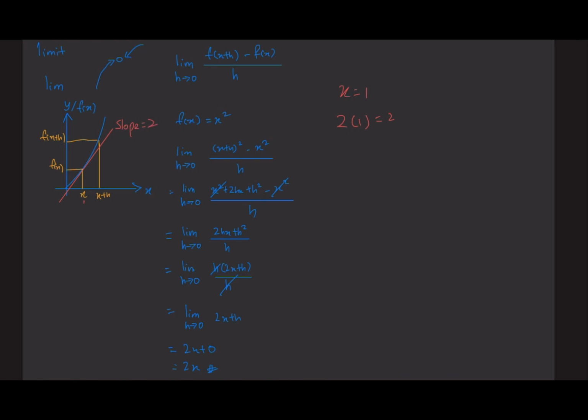What if you wanted to know at another point? Let's say this point is x equals 4. Then the slope at that point equals 2 times 4, which equals 8.